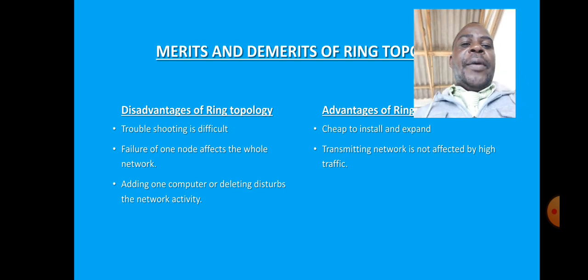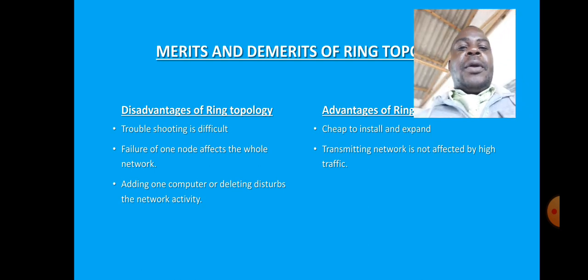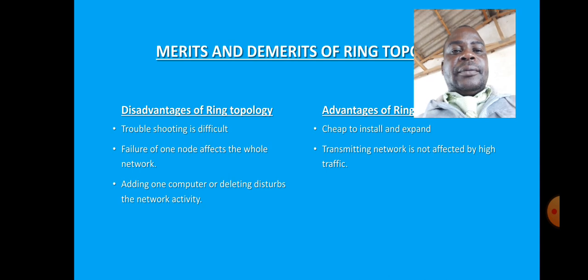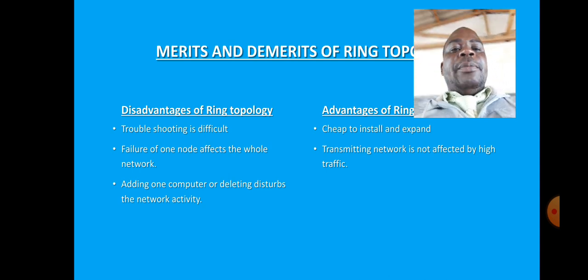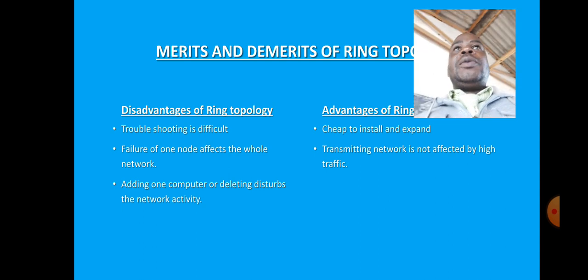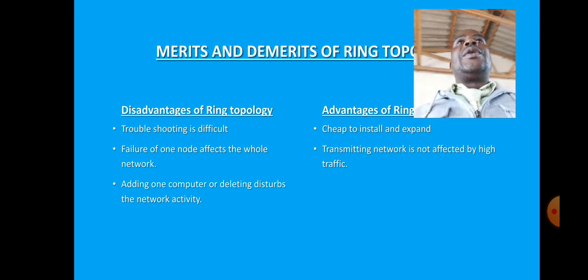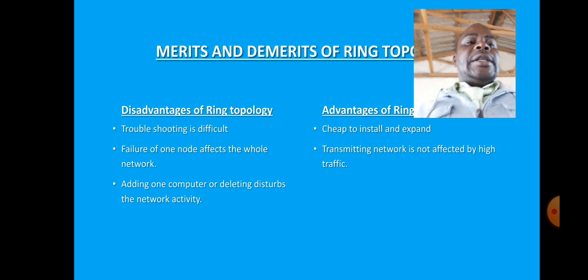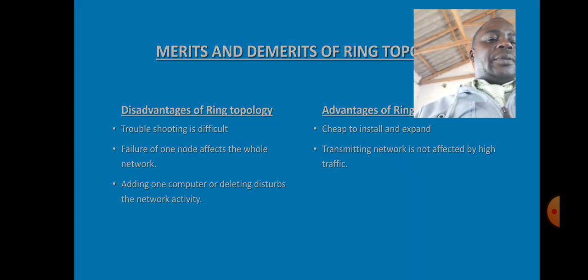Also, failure of one node affects the whole network. It has a demerit in the sense that if you want to add one computer or delete one computer, it disturbs the whole network.